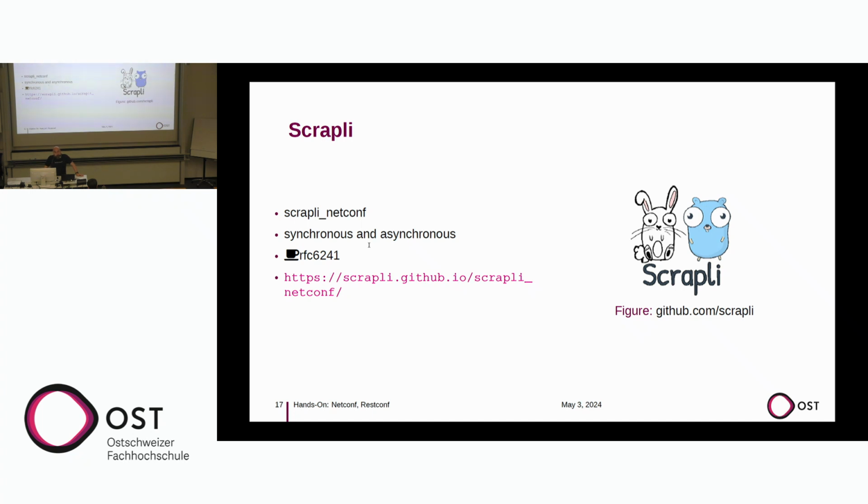So if we want to have, for example, async Python scripts, we would go with scrapli, because there we have async support for our netconf implementation. Also, the documentation, in my opinion, is much better than the ncclient.